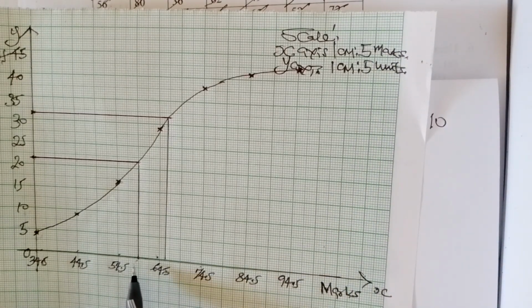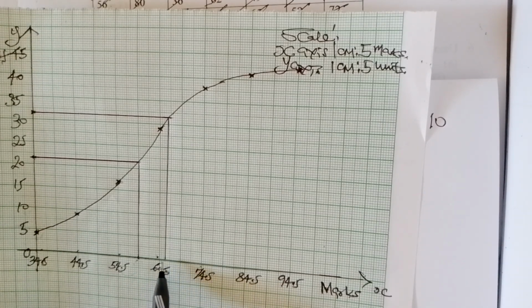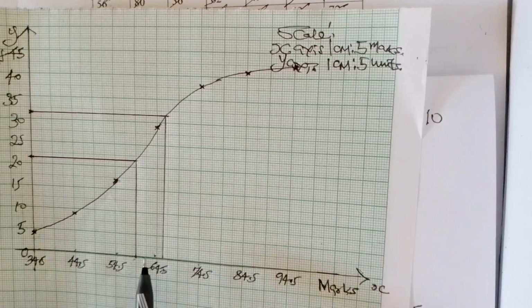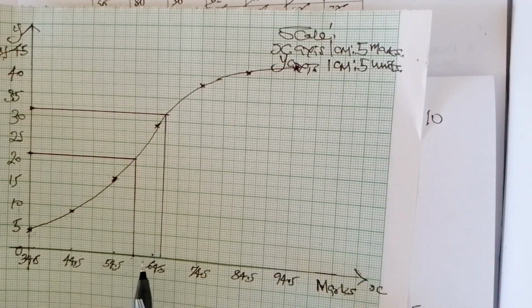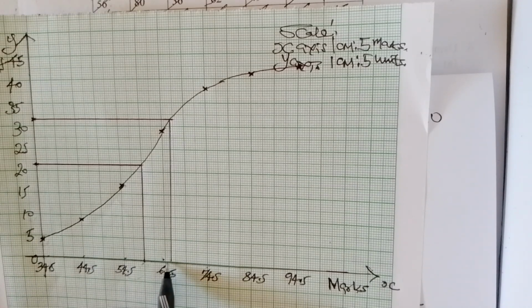Therefore, one small square here is going to represent 0.5 units.